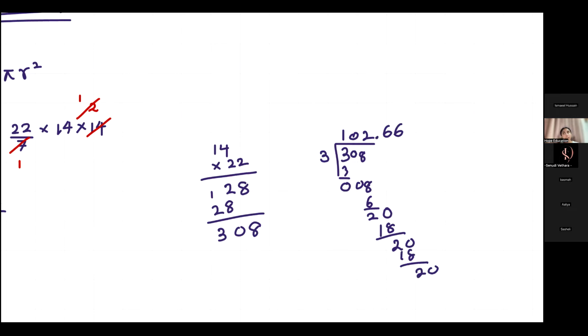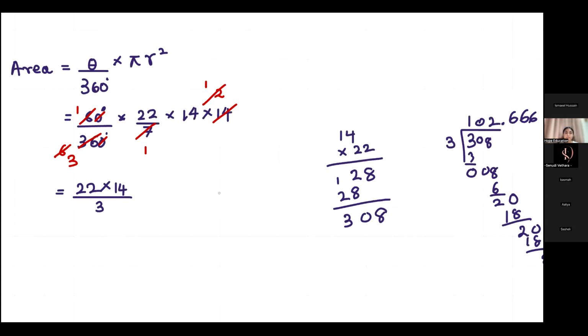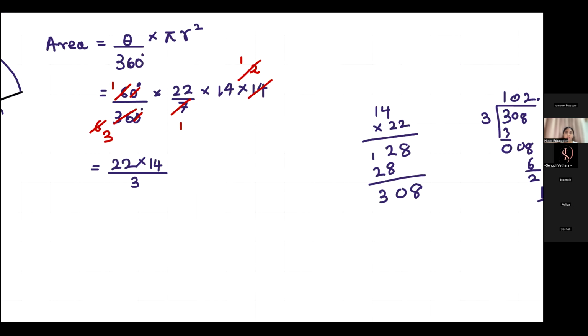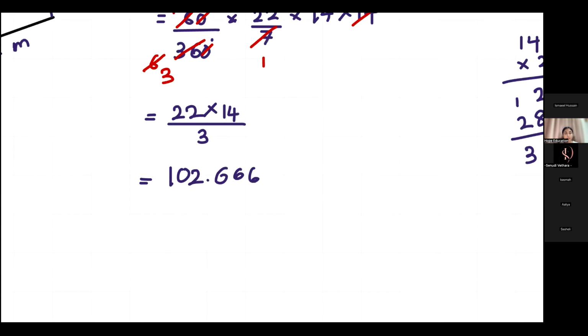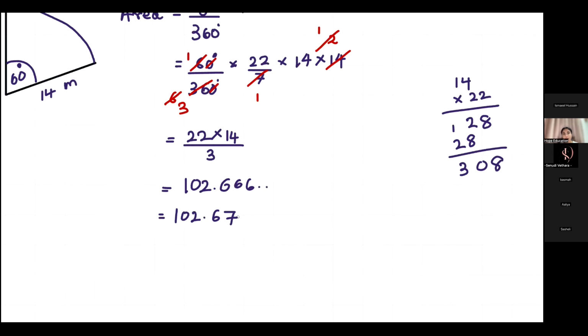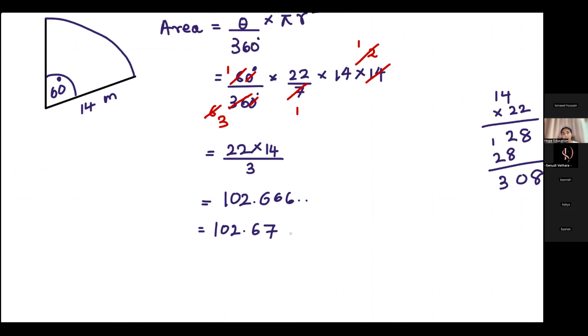So the 666 goes on. So I can write 102.6666. So I can round it off and write 102.67. Here it's not centimeters, it's meters. So I have to write it as meter square, not centimeter square.